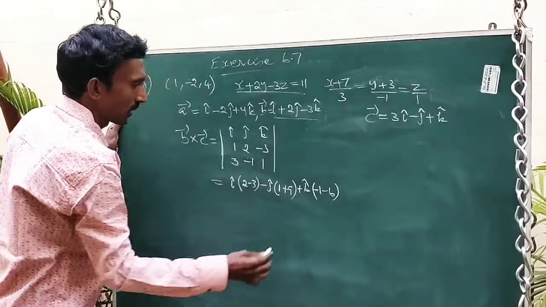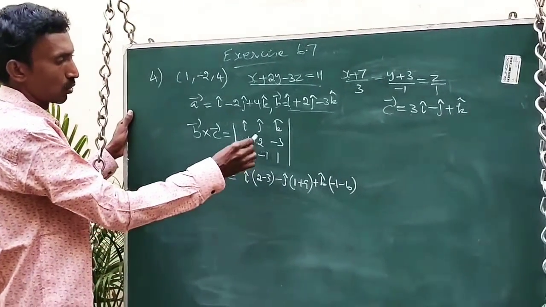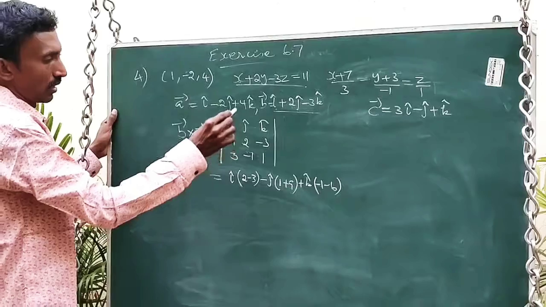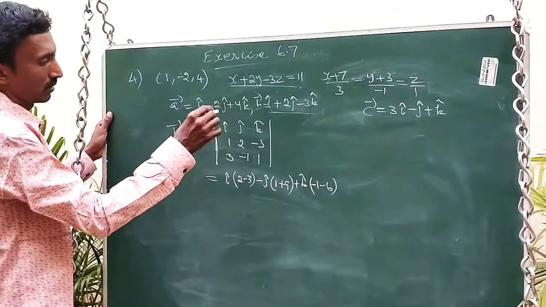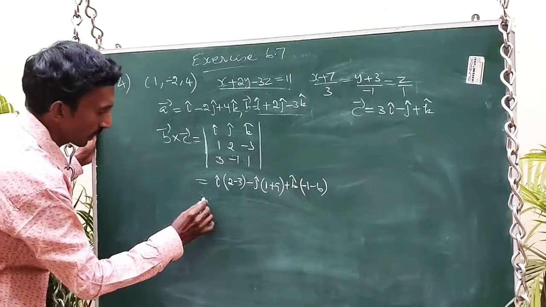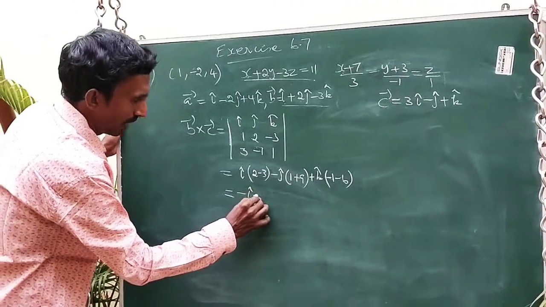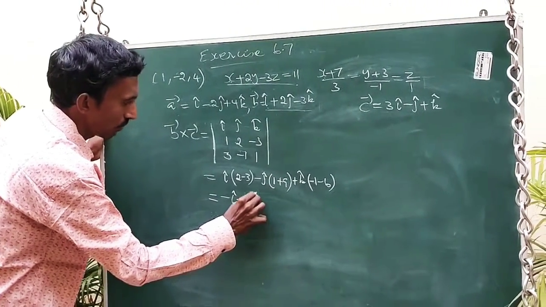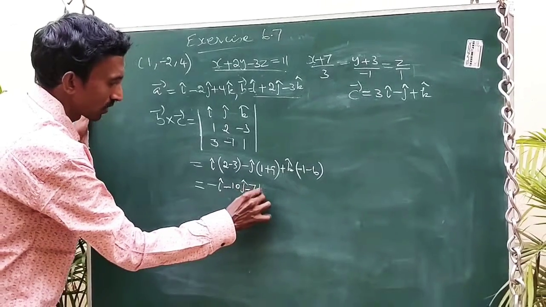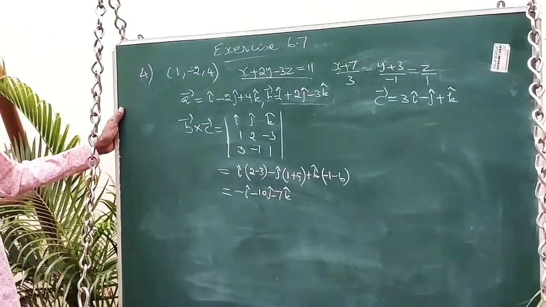Okay, so 2 minus 3, 1 plus 9, minus 1 minus 6. Okay, so minus i minus 10j minus 7k.